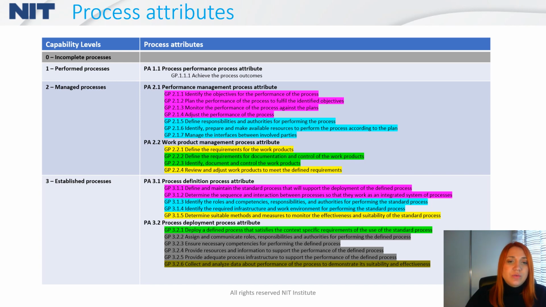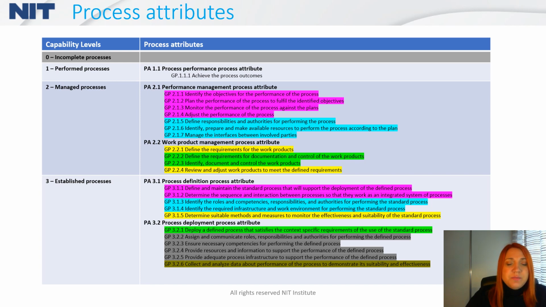On level 2, we have more than one generic practice. You can see that for PA 2.1, the performance management process attribute, we have 7 of them, and for PA 2.2, we have 4 of them.